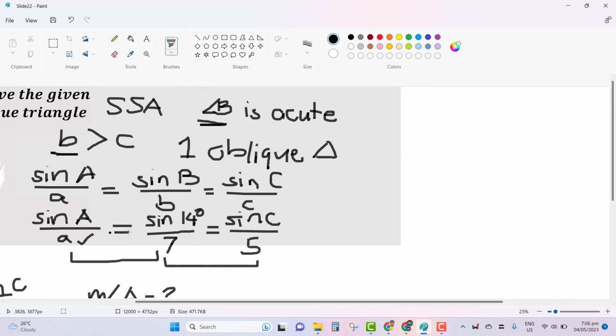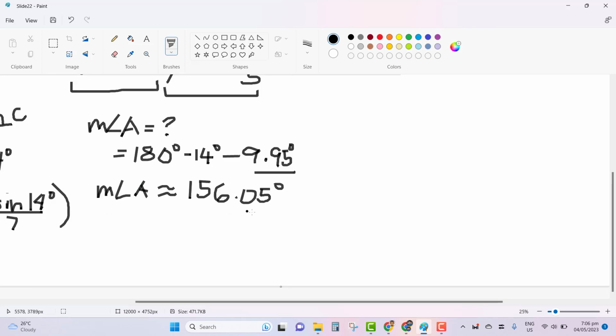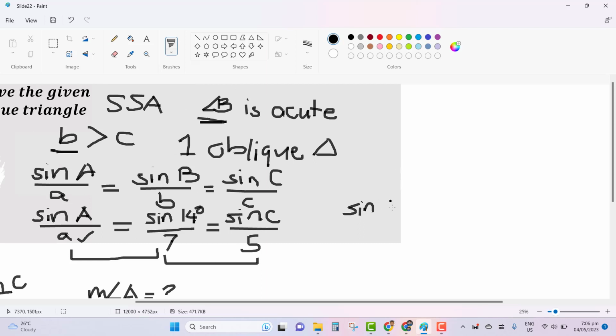We could just simply cross multiply, but we know that angle A is already measuring 156.05. So sine 156.05 degrees divided by A is equal to sine of 14 degrees over 7.